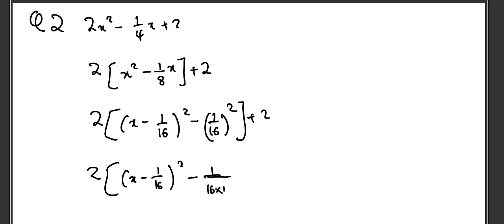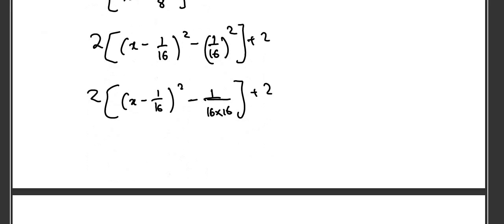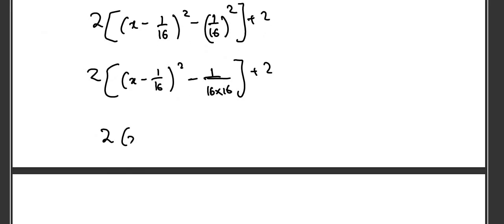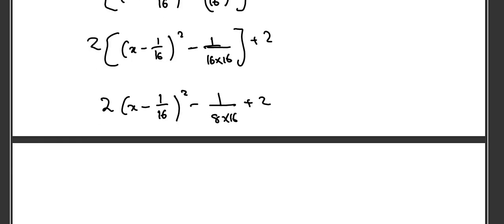Yeah, so there's a 16 by 16 at the bottom, and there's a plus 2 waiting, and this is just going to be 2 x minus 1 over 16 squared minus, then you have 8 by 16, there's a plus 2, and this is going to be 2 x minus 1 over 16 squared.